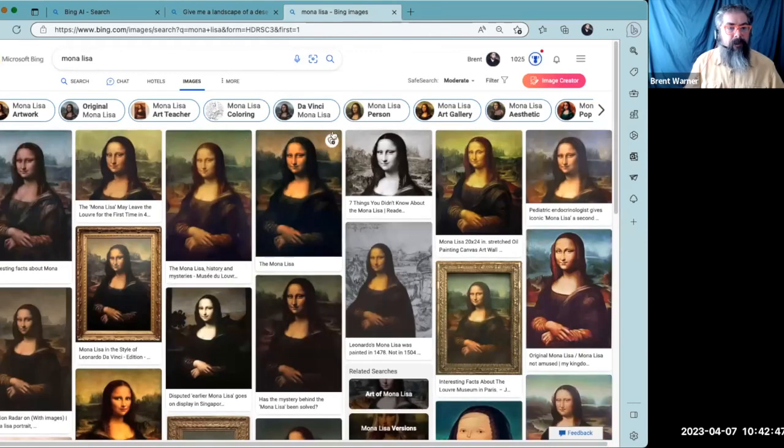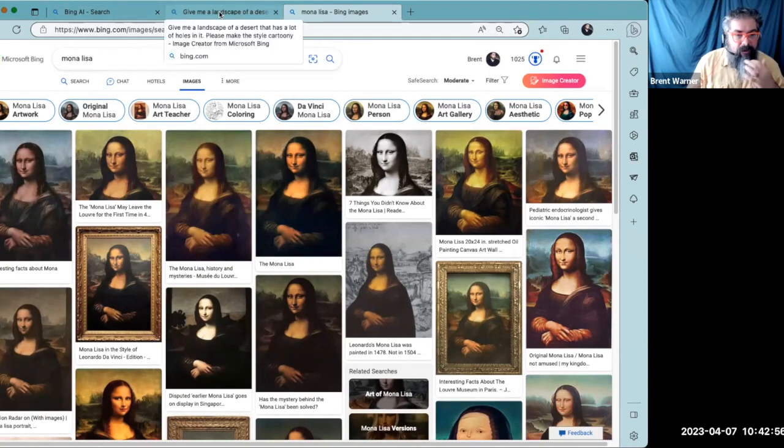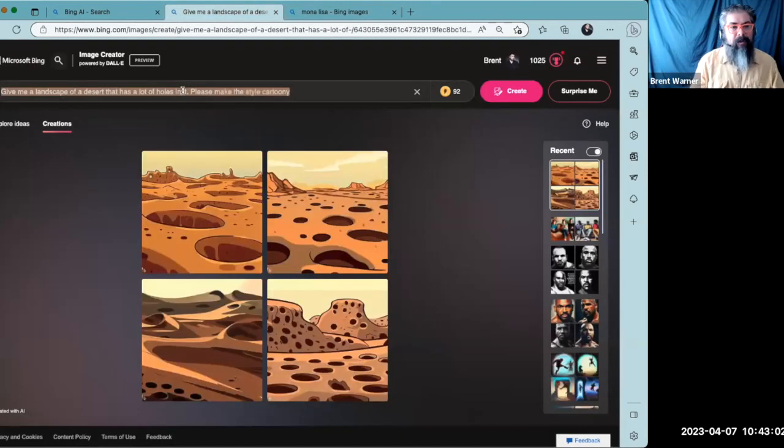Okay, so I'm going to say something along the lines of a woman with brown hair in a black blouse in front of a landscape. I'll keep it simple. A woman with brown hair and wearing a black dress sitting in front of a landscape.